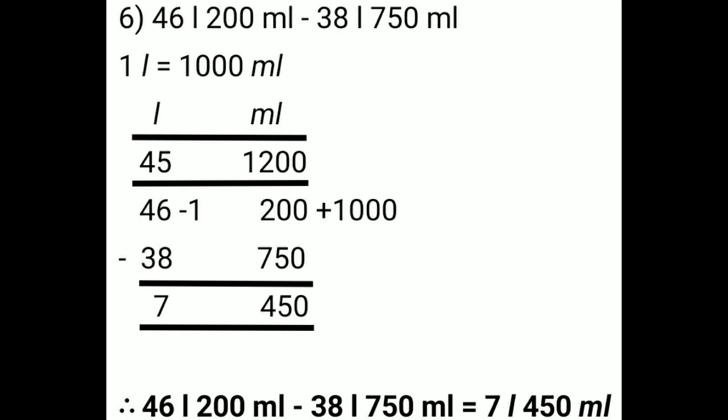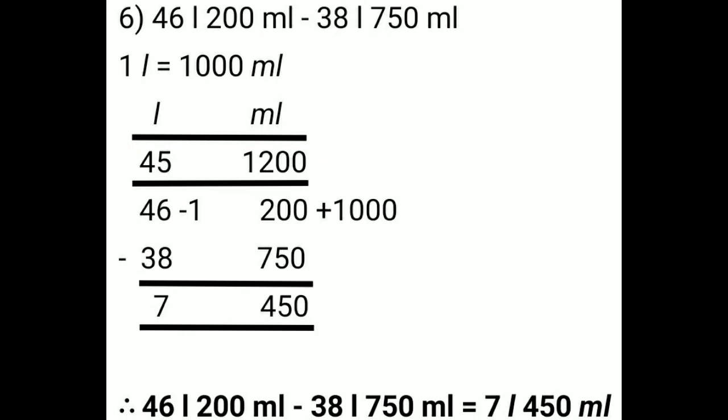Now we can subtract 38 from 46, but we cannot subtract 750 from 200. So we borrow 1 liter from 46 liters and add it as 1000 milliliters to 200, which will give us the new values to be 45 liters and 1200 milliliters.